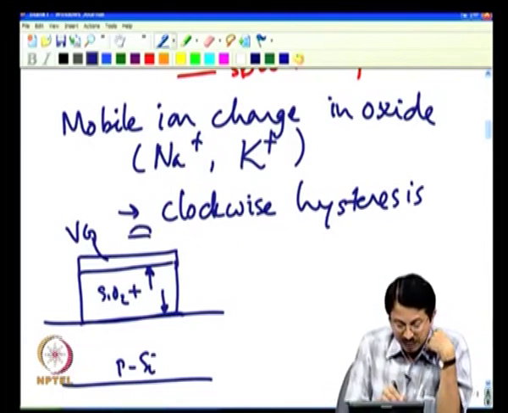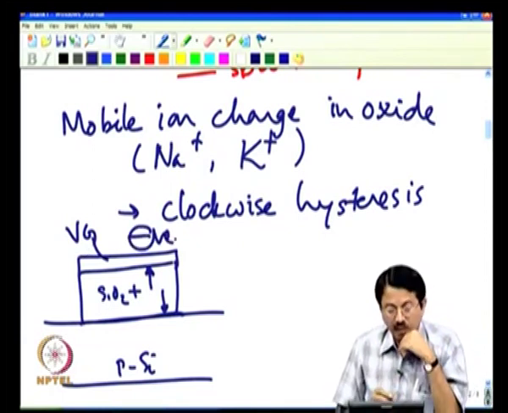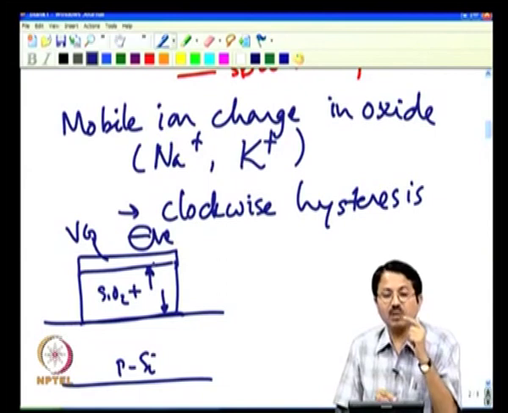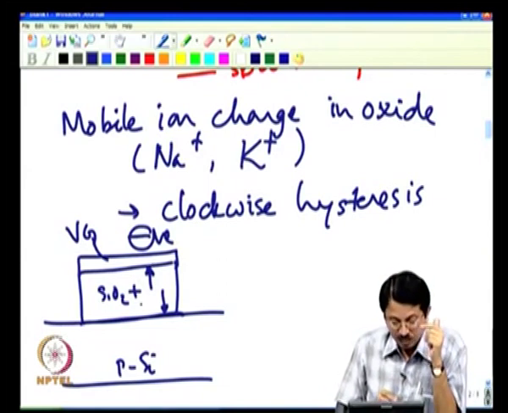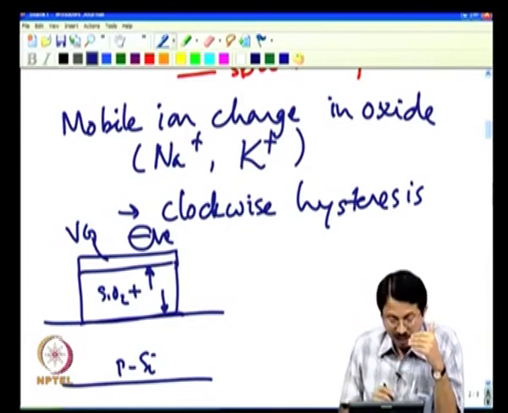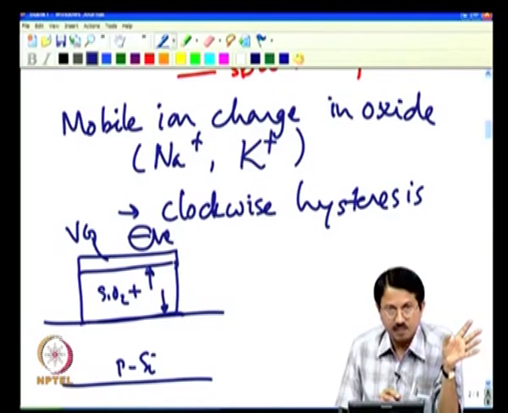When I have a negative gate voltage, all these charges will move away from the silicon interface to this interface. Remember what we said last time, the charges which are closest to the interface have the maximum effect on CV. In fact, if the charges are out here, they have absolutely no effect on the CV characteristics.